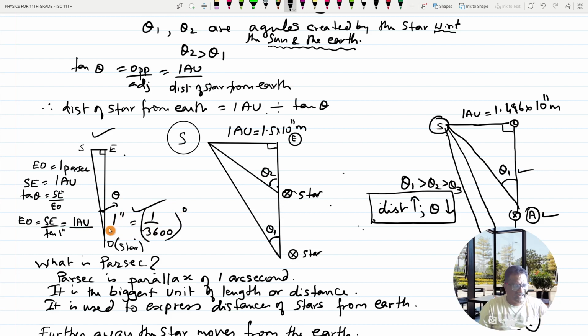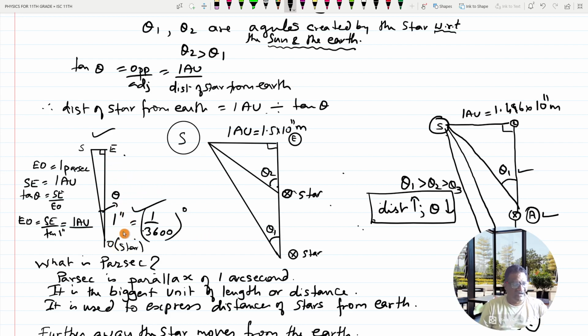Now, whenever this angle between the lines joining the earth and the star and the sun and the star, when that angle is 1 second, or in degrees it is 1 upon 3600 degree, then this distance SO, that is the distance between the earth and the star, is said to be 1 parsec.